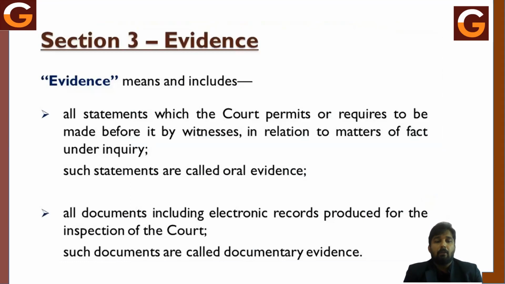So here, when you look into this particular content with respect to section 3, as we have discussed, we have oral evidence and documentary evidence, followed by physical evidence. It can be any material object which can act as a source of information to prove the facts associated with the crime.